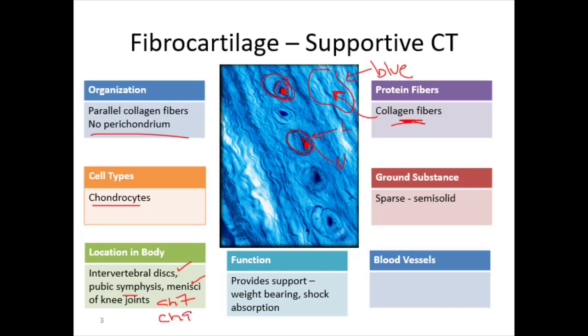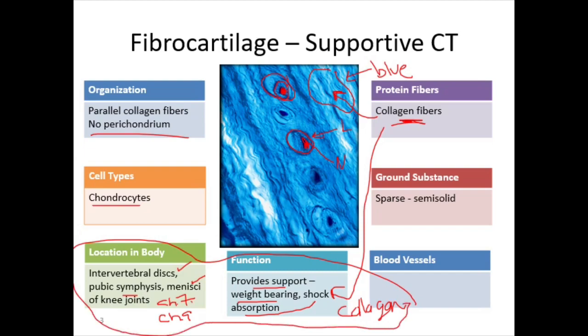This is coming from the collagen fibers, giving it those properties. We'll be talking about all of this in these chapters. Sparse, semi-solid, a lot of collagen fibers, no blood vessels.